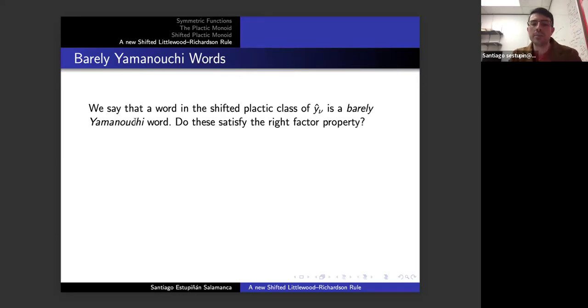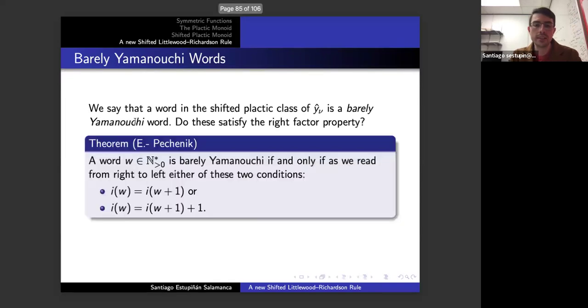And so we said that Yamanouchi words do not satisfy the right factor property, but maybe Berli Yamanouchi words are different. To answer this question, it is useful to characterize them using a very similar kind of condition to the Yamanouchi condition.